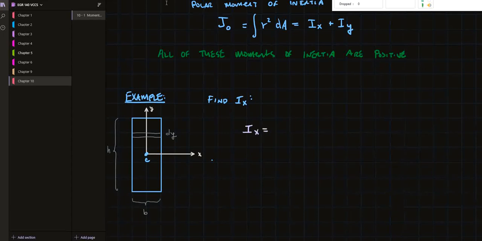Now I will work this out. Ix equals the integral of y squared dA. So I can figure out what my dA is. dA is this rectangle, and it has a width of dy and a length of b. So I can replace dA by b dy. And now I've got an integral that I can solve.